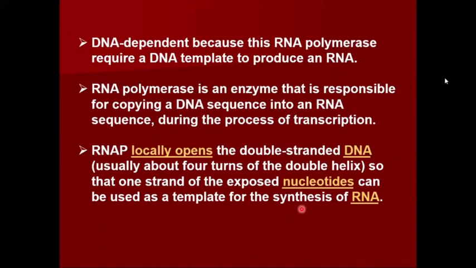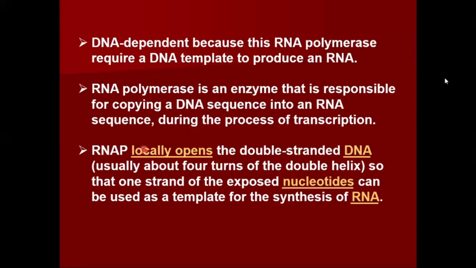Now, why do we call it DNA-dependent? Because this RNA polymerase requires a DNA template in order to synthesize an RNA. Okay? It is an enzyme that is responsible for copying a DNA sequence into an RNA sequence during transcription.